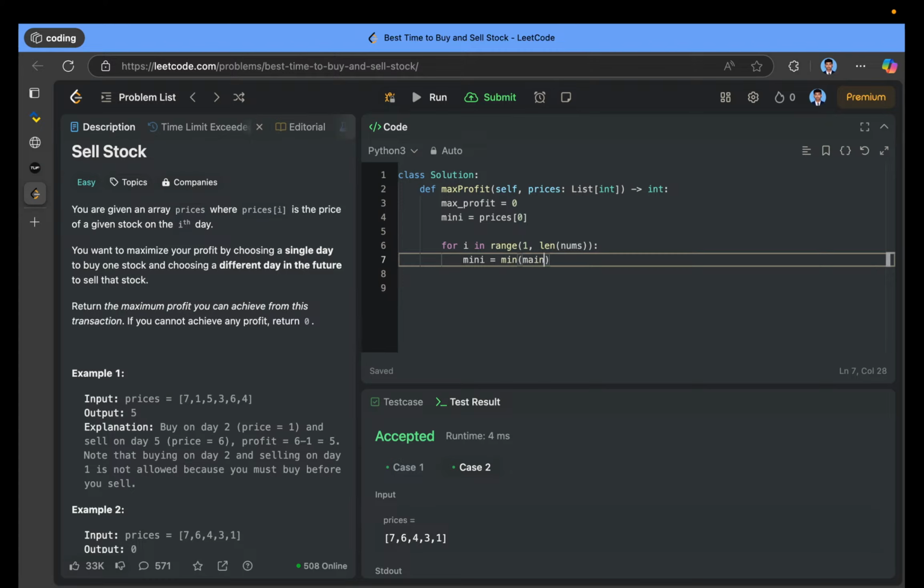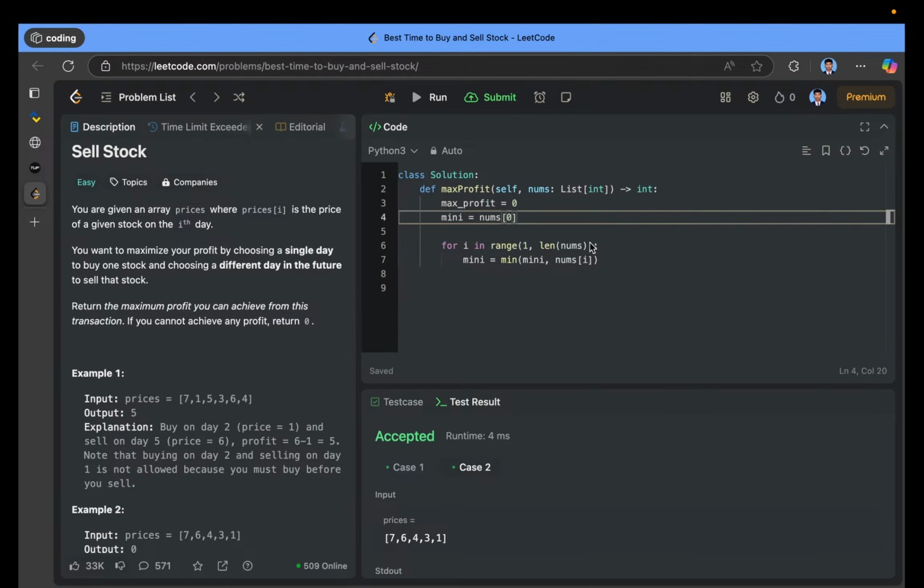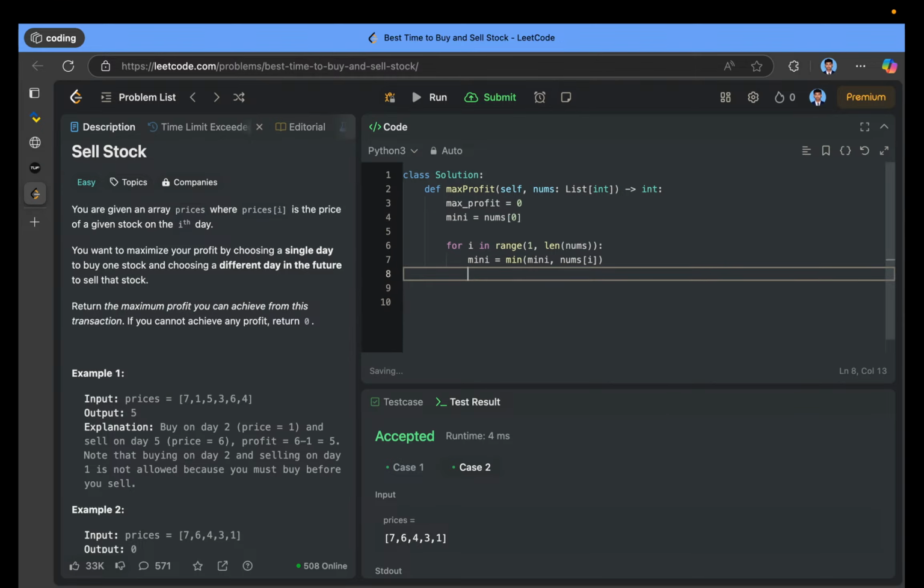Mini is min of mini and nums i. I should change this here. Why am I doing this, prices, nums? Just always do nums. Then mini is min. Okay, I find the min.